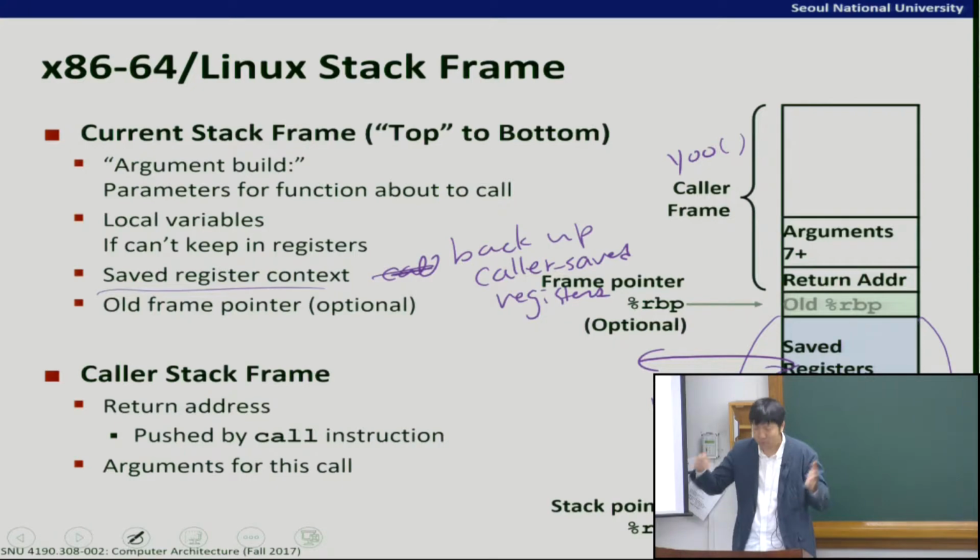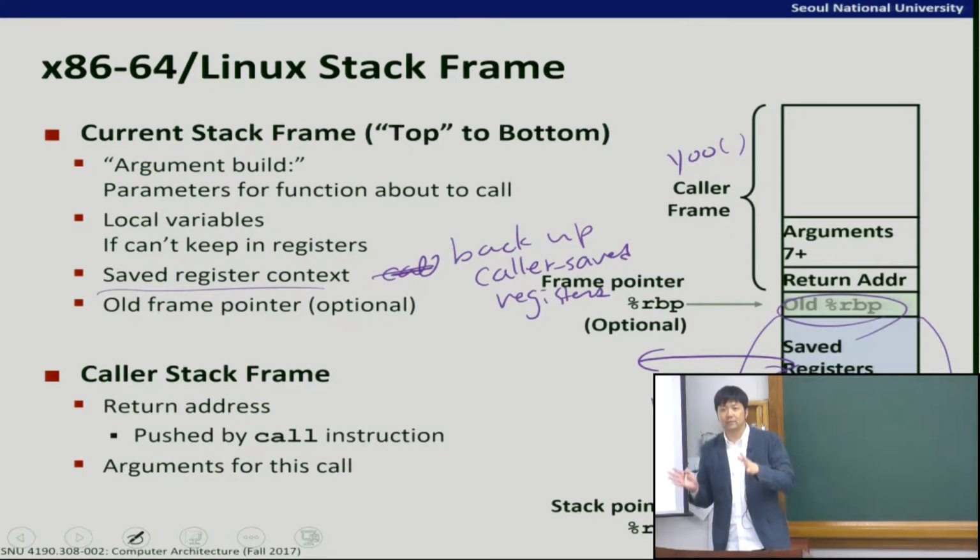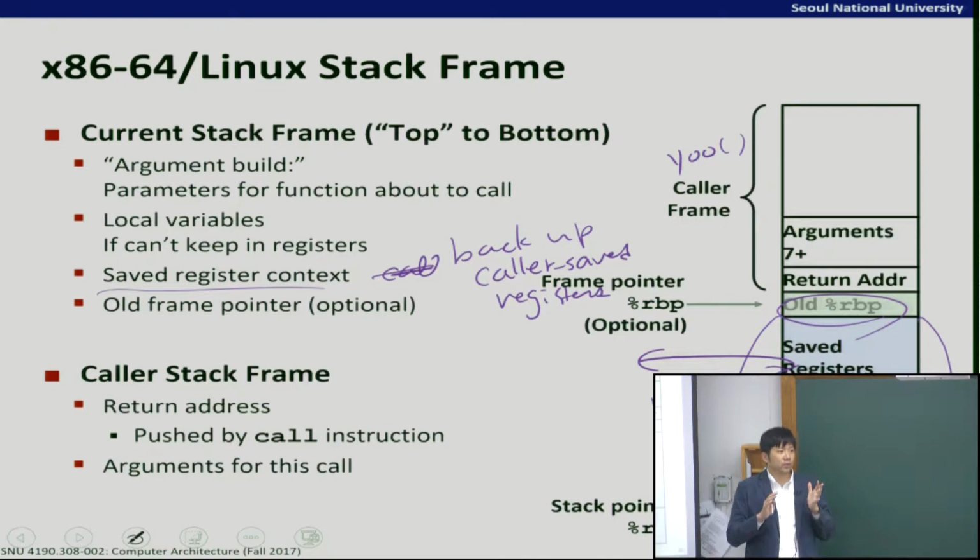Sorry, I keep postponing this explanation, but that's actually used for backup, saving these caller saved registers in this stack, and also optionally the old RBP. If you use frame pointer RBP, which is actually optional, but if your compiler uses it, then you also save the value of old RBP so that whenever you return from a function call, you can recover this old RBP value too, right?